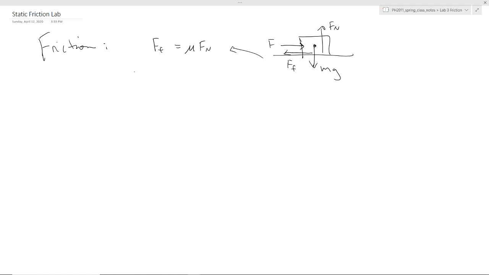And I should say this is the Greek letter mu. Looks kind of like a U with a little extra bit on the front. And this comes in basically two flavors. So there is mu S for static.